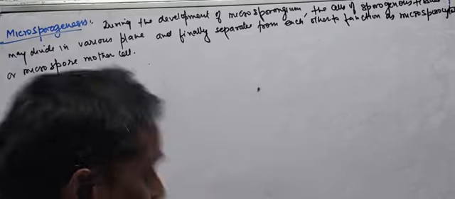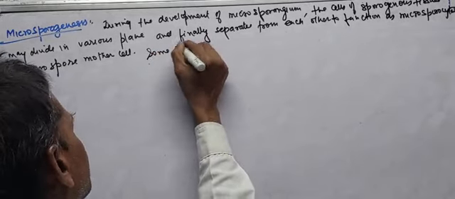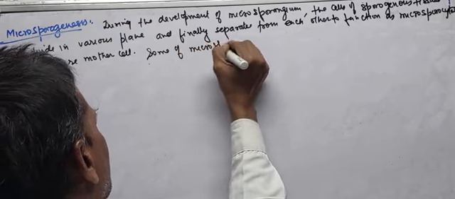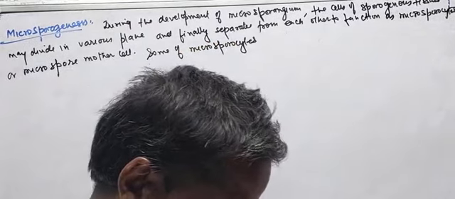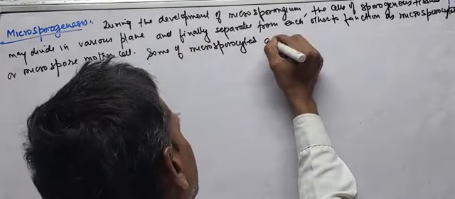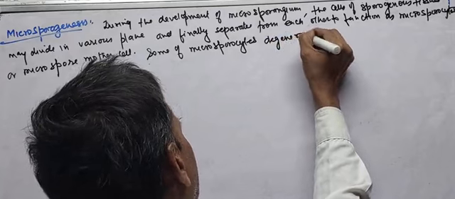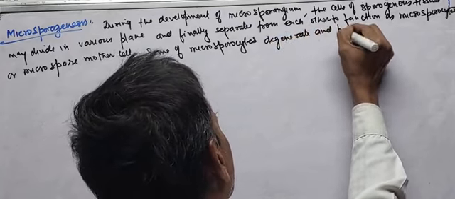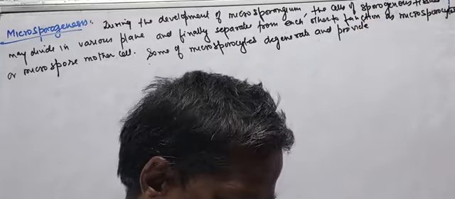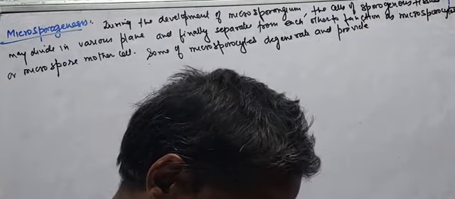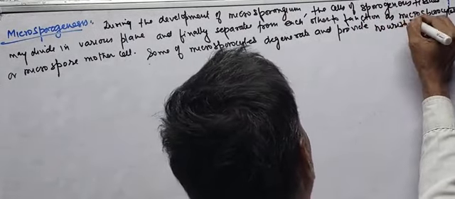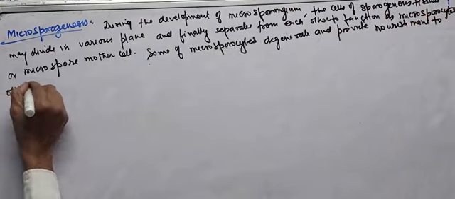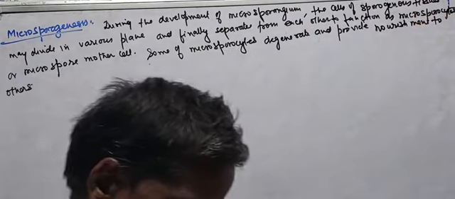Some of the microsporocytes degenerate and provide nourishment to others.